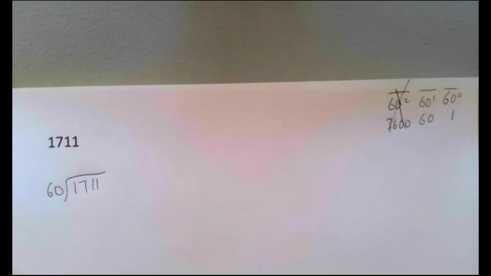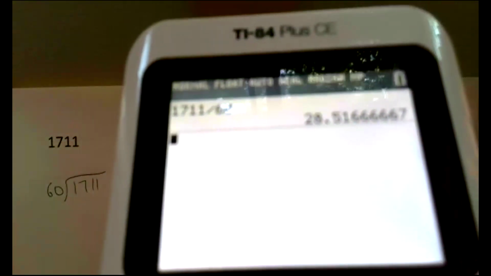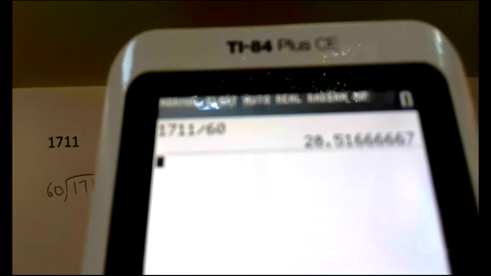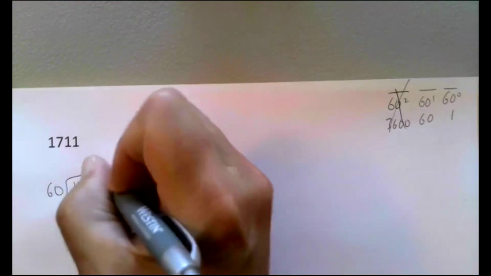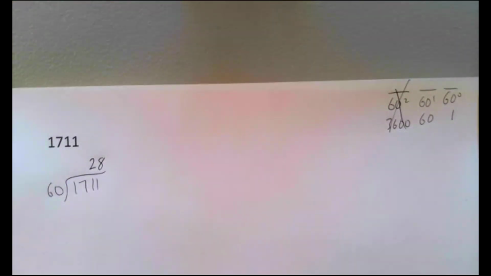You can use your calculator if you want, unless you just really enjoy long division without a calculator, which is fine. 1711 divided by 60, you should get 28 point something. Just take the 28, ignore the decimal part.